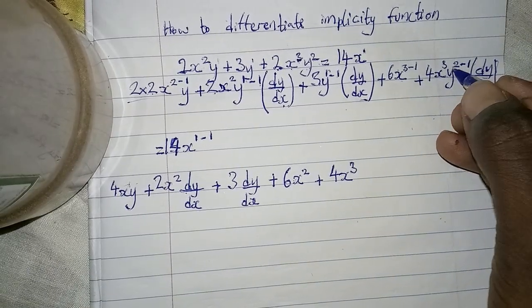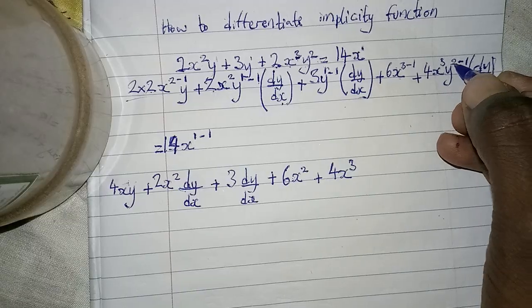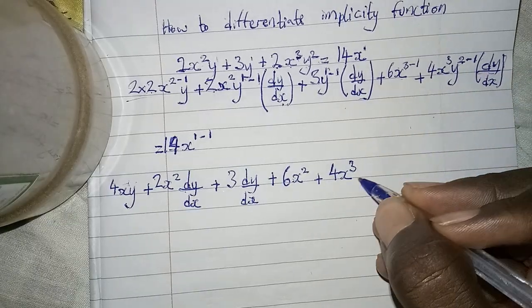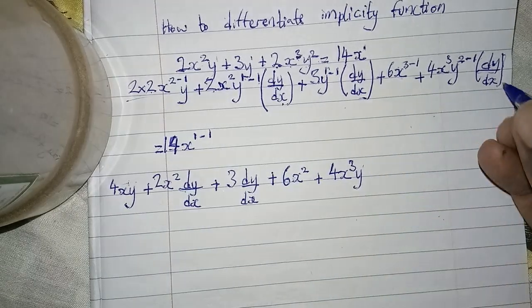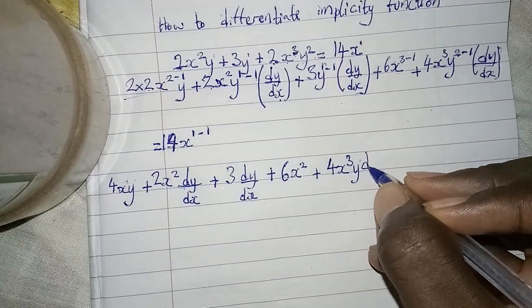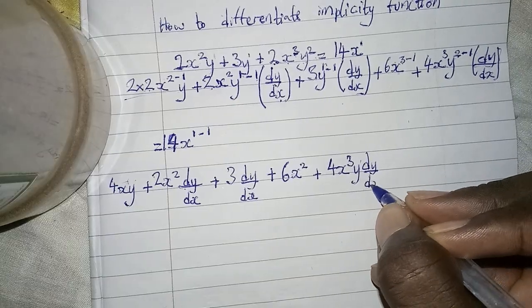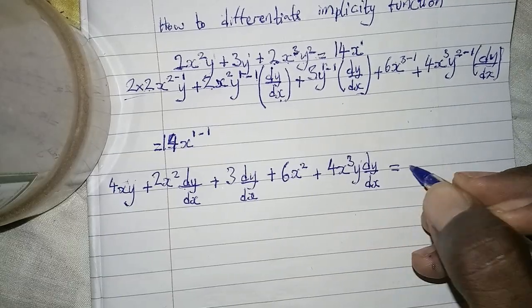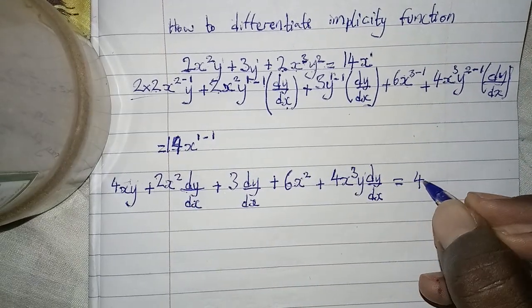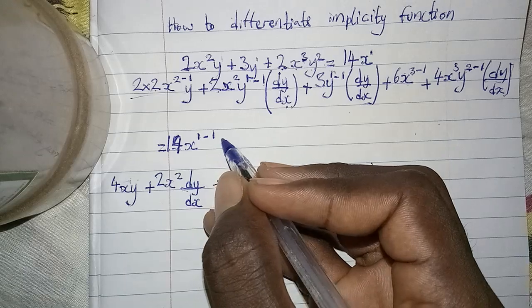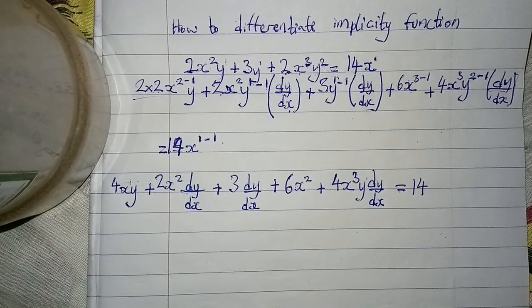So y, 2 minus 1 is equal to 1, so we have exponent 1 here. Then we bring our dy/dx, which will give you equal to 14. 1 minus 1 is 0. So it's finished.